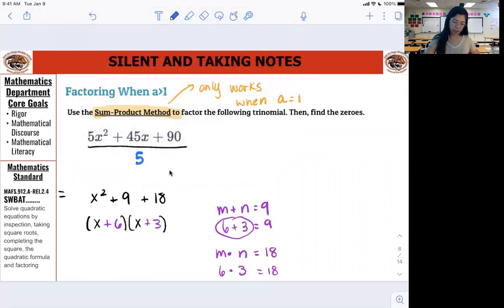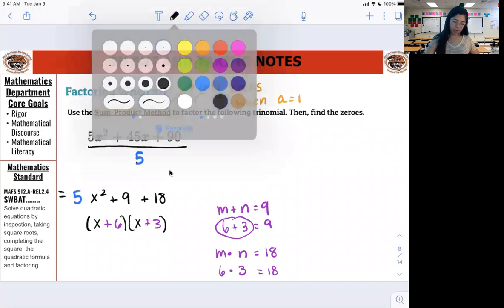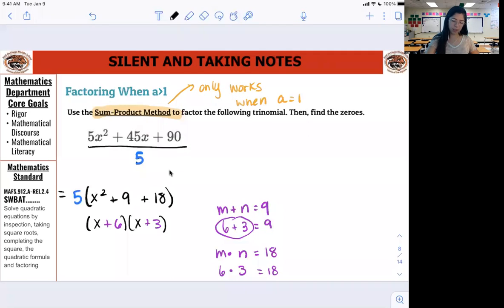I basically took it out of the equation, but I can't just ignore it. It's still there. It's just in the front. So my leading coefficient is still 5. It's just that we took it out. Does that kind of make sense? We called that, we factored it out. We took it out of the original equation, but we didn't ignore it. It's just hanging out in the front.